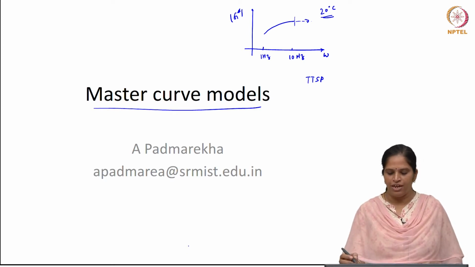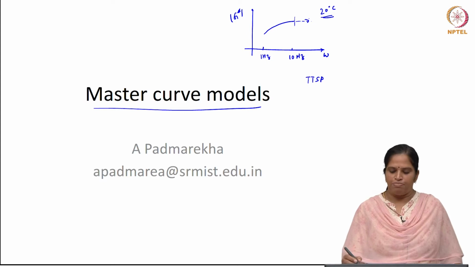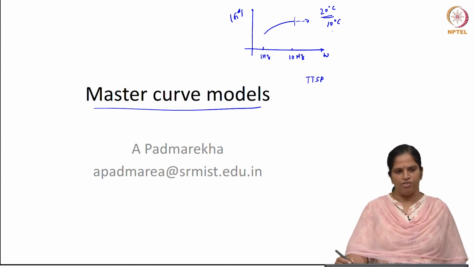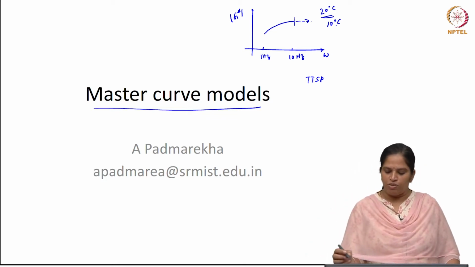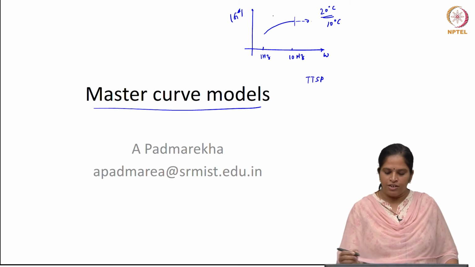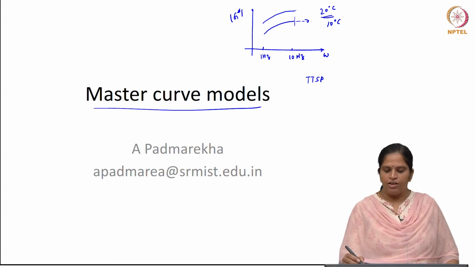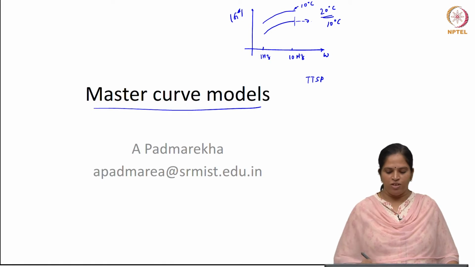We measure a modulus in a laboratory at a lower temperature, maybe at 10 or 0 degrees Celsius, just a hypothetical value. When you measure at a different temperature, you will have an isochrone something like this, a different temperature, dynamic modulus value. This is measured at 10 degrees Celsius, maybe at the same frequency range.